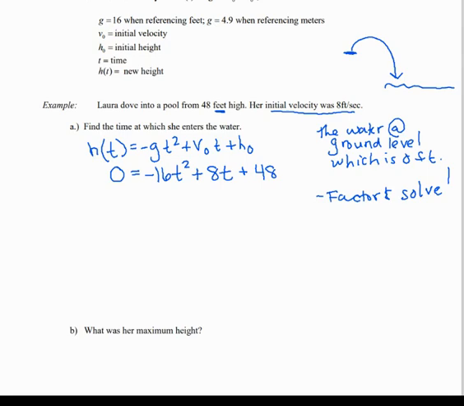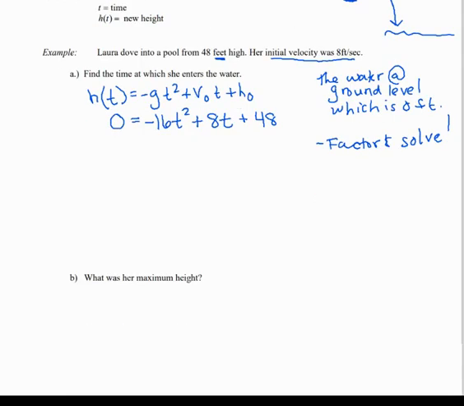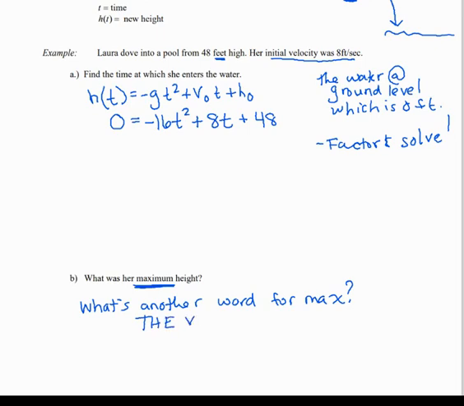Again, finish part A. Part B says, what was the maximum? What's another word for maximum? Can anybody think of that? I'm hoping some of you did. And another word for max is the vertex, right?